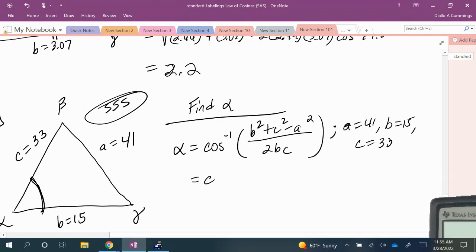So this is equal to the arc cosine of 15 squared plus 33 squared minus 41 squared divided by 2 times 15 times 33.